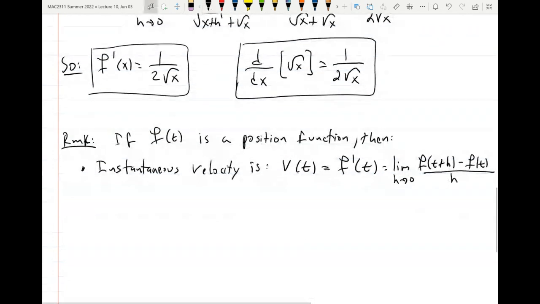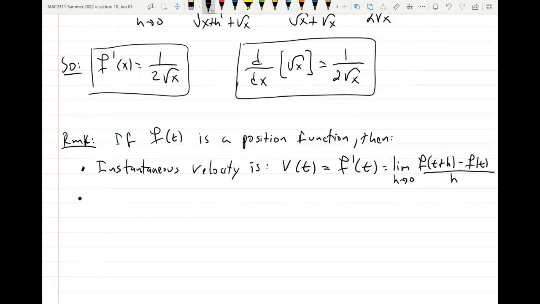But then also, because there is a homework problem that you need to use this idea, acceleration. So the velocity is how fast a particle changes position. So it's the instantaneous rate of change of the position function. But acceleration is how fast a particle changes velocity, okay? So it's the derivative of the velocity function.